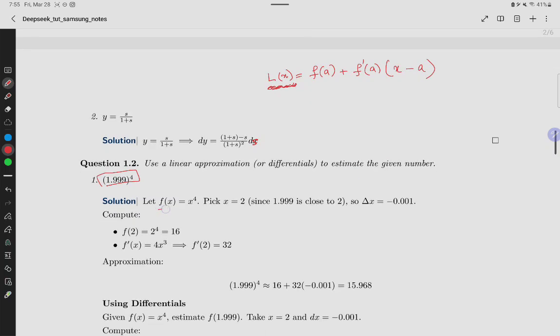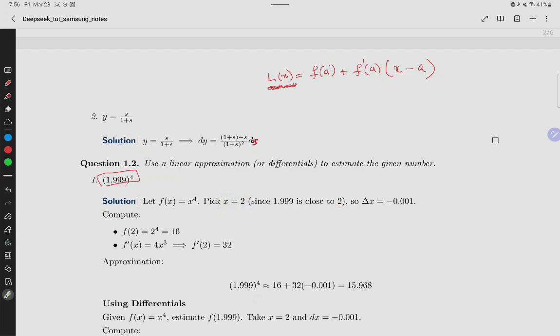So what we assumed here is f of x is equal to x to the power 4, and since we want to approximate 1.999, which is very, very close to 2, we'll take a equals 2.